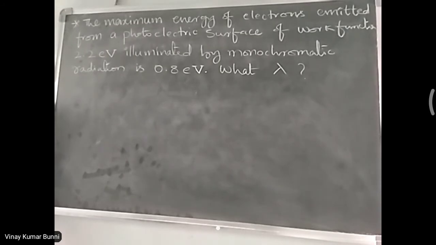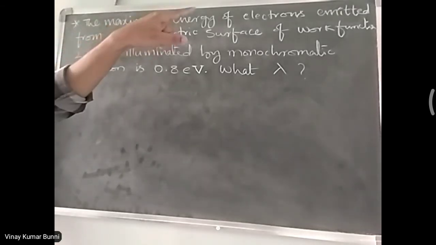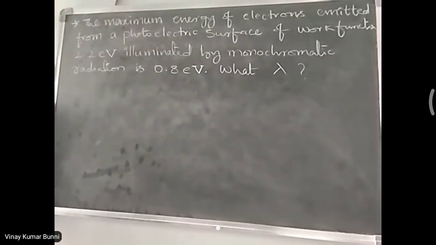Actually that radiation is illuminated on the photoelectric surface and electrons are liberated from that metal plate. The liberated electrons move with kinetic energy, and that maximum energy of the electrons is 0.8 electron volts.